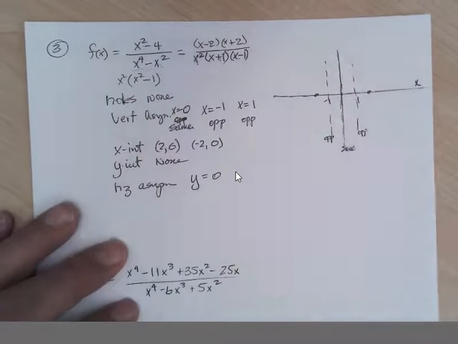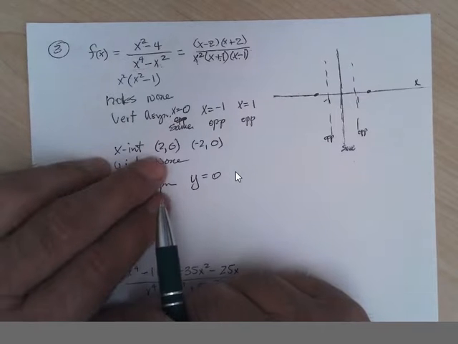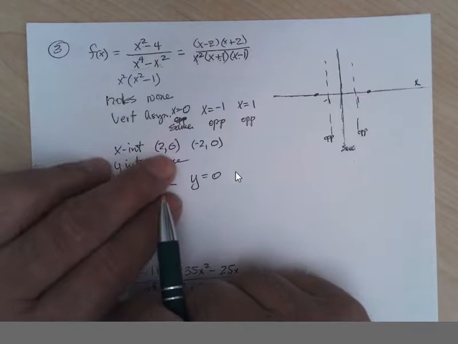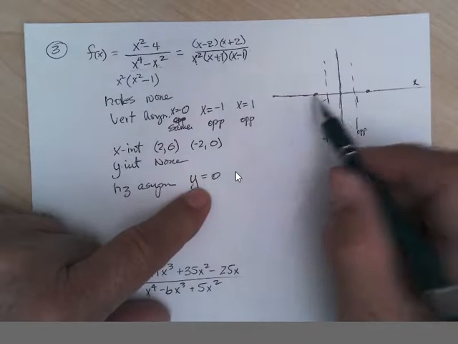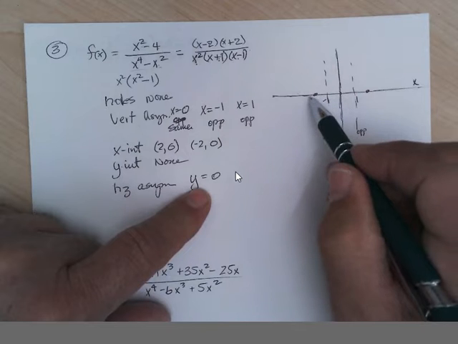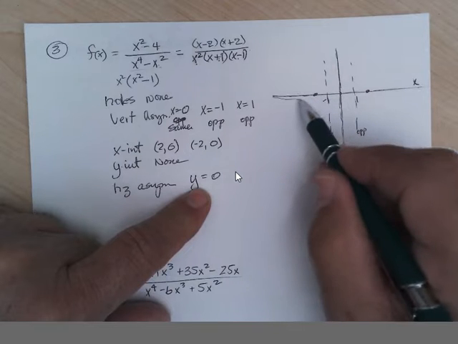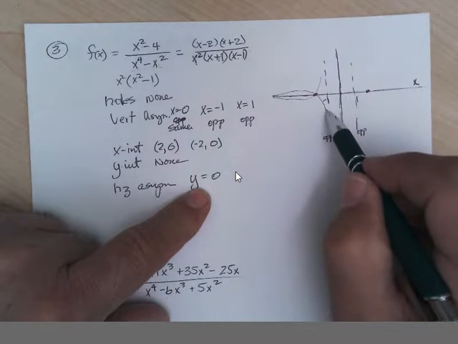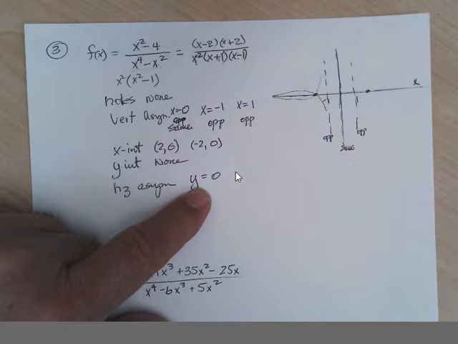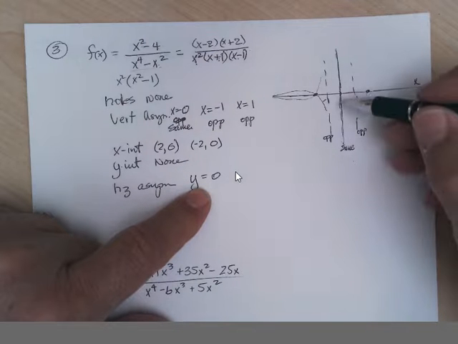So, what does this have to look like? Well, it gets closer and closer to 0 as we get way far out here. Has to cross here, but I don't know whether it's crossing from this and then going up, or getting close to this and then going down. So I need to do a little research here.